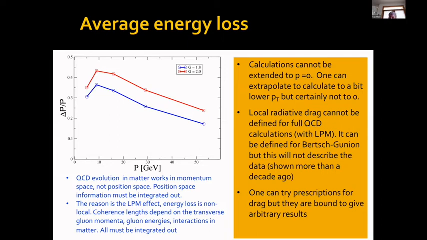So if you give me a small box, I'll give you one value for radiative drag per Fermi. If you give me a larger box, you'll get a different value. So this is what I wanted to explain, for example, why I cannot produce radiative drag type quantities. I can only produce integrated quantities like delta P over P. So thank you, and tomorrow I'll discuss the hadronization.